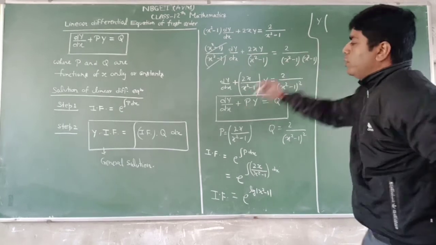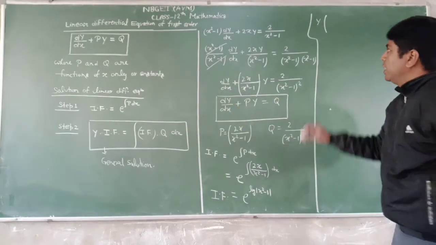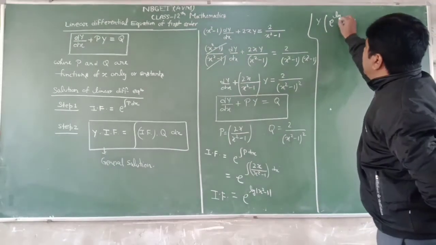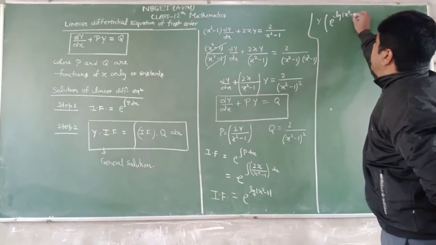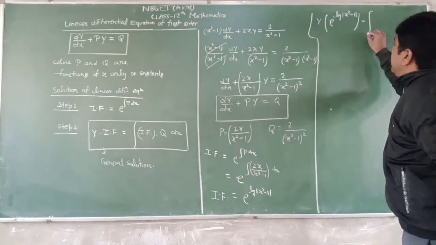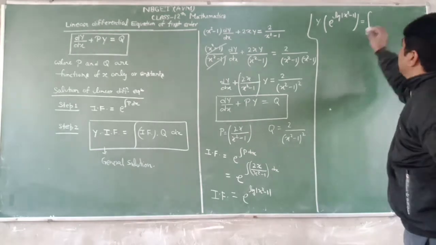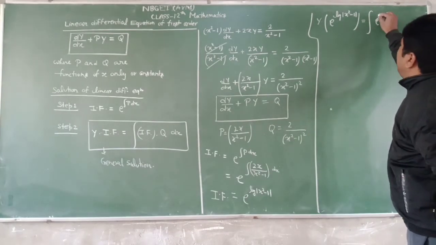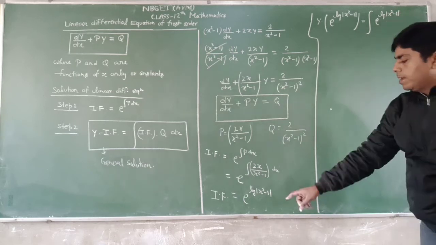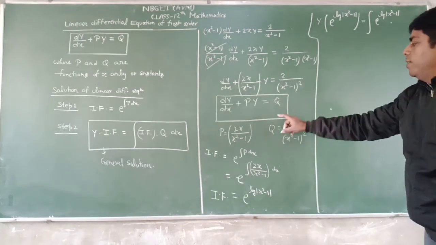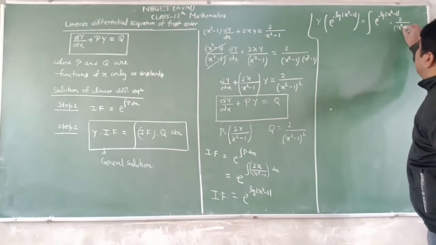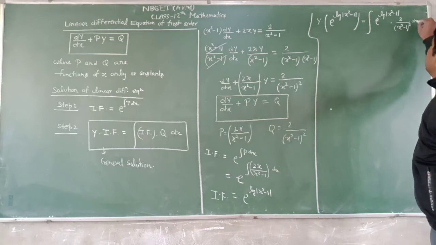In multiplication of y, we write the integrating factor e to the power log|x² − 1| is equal to integration of integrating factor, that is e to the power log|x² − 1| into Q, the value of Q you can see here 2/(x² − 1)².